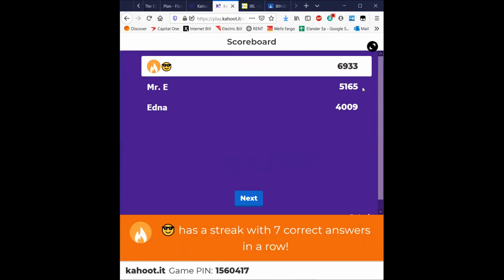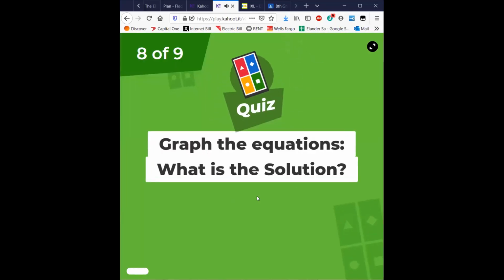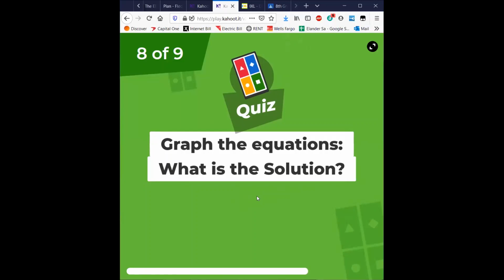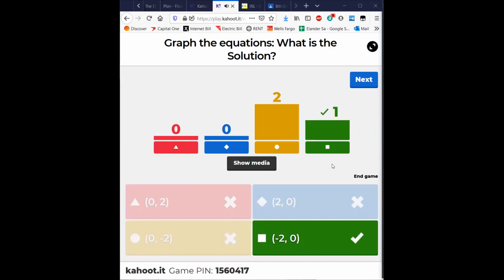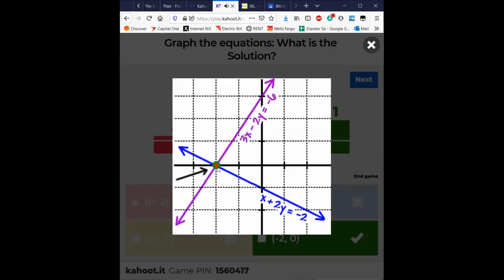So here's our point of intersection, right? And again, guys, remember to do x comma y. Okay, x is left and right, y is up and down, so we have to do the x first.